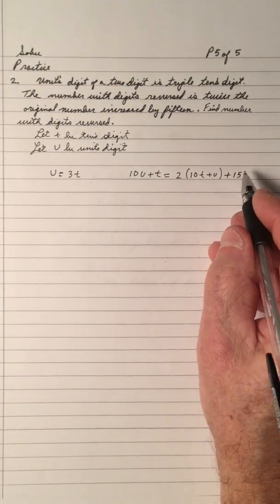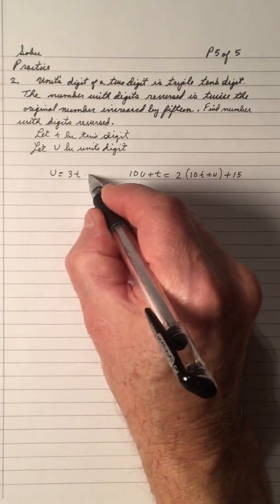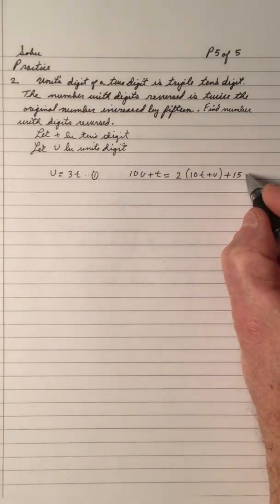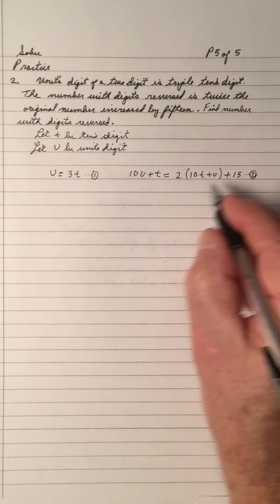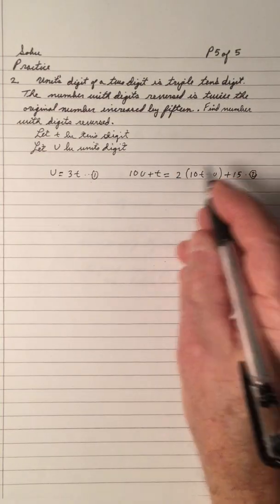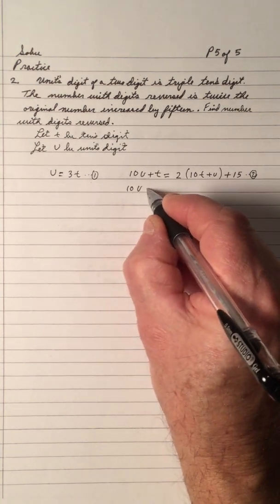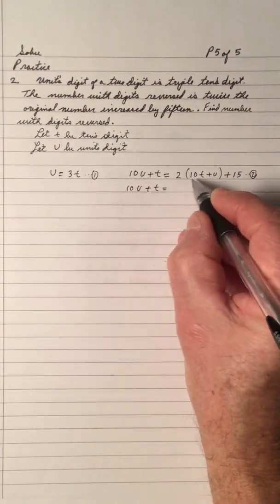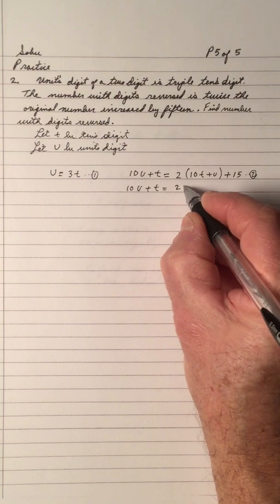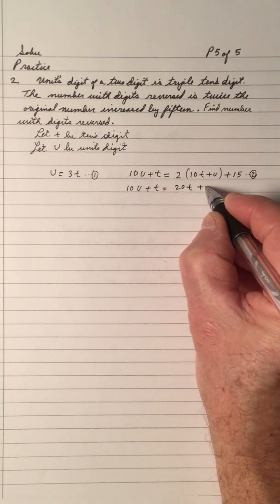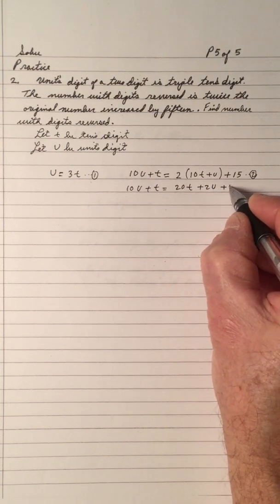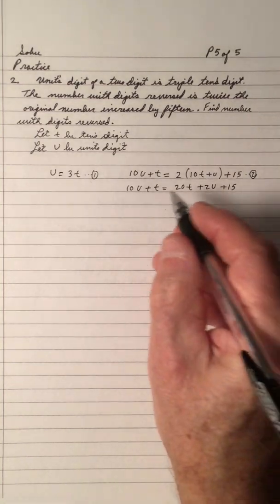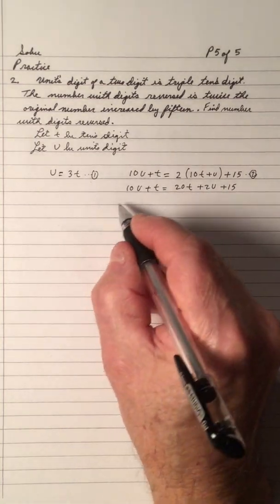So there's the equation. If this is equation 1 and this is equation 2, let's tidy up this equation to make it better. So 10u plus t equals, we multiply to get rid of brackets, so it's 20t plus 2u plus 15. Now let's move all the t's.